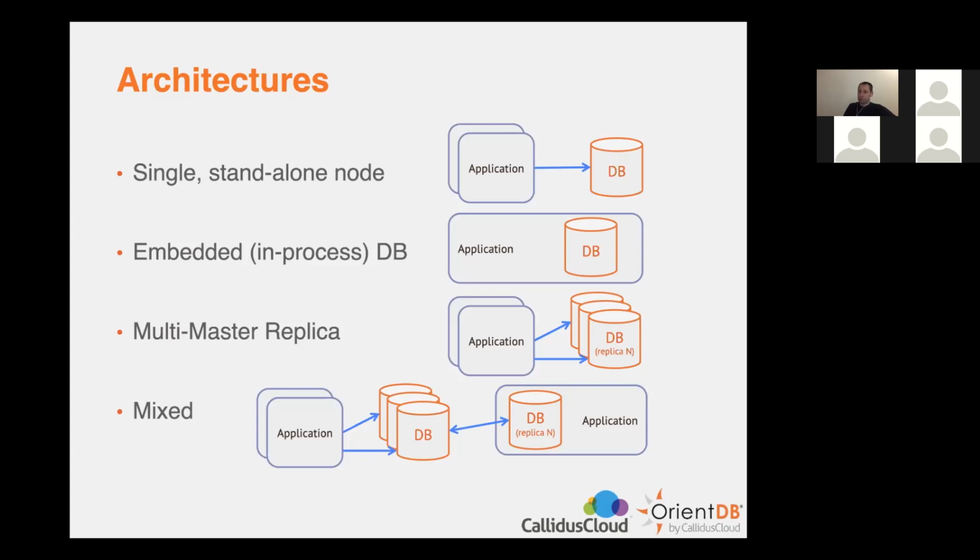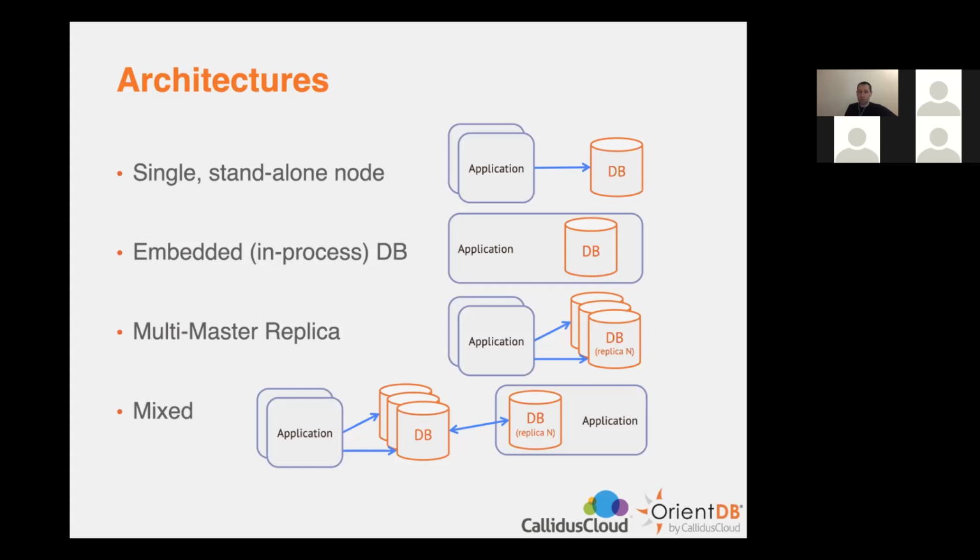You can deploy OrientDB as a cluster of replicas with fault tolerance, high availability, and scalability. And your application will connect to the cluster without any changes. That's the exact same. So you can switch from a single instance to a multi-master replica instance, just changing the connection address.